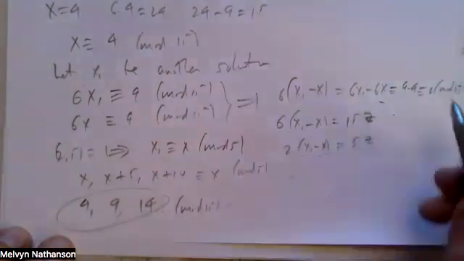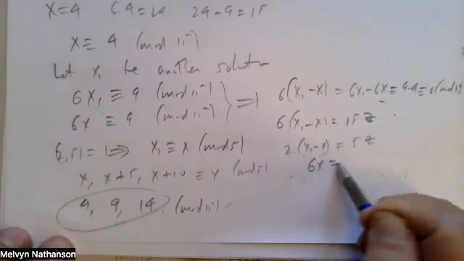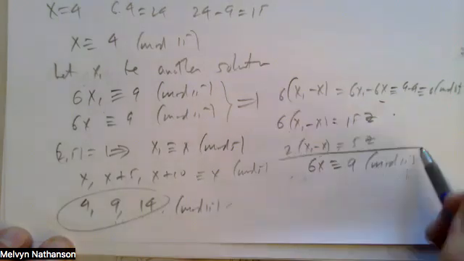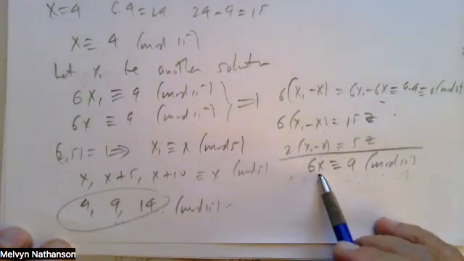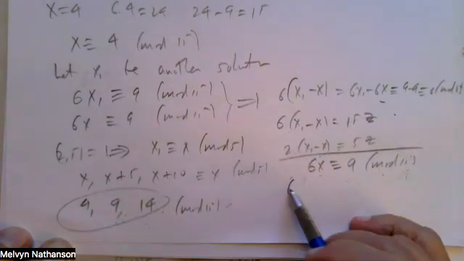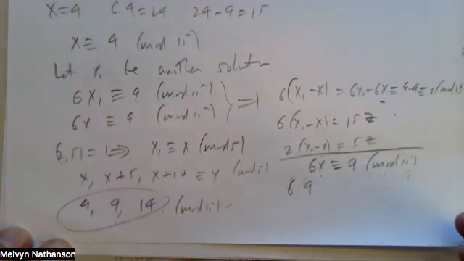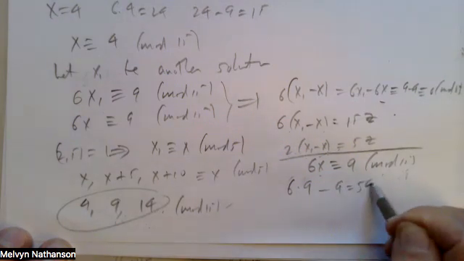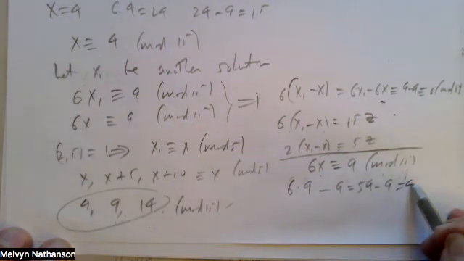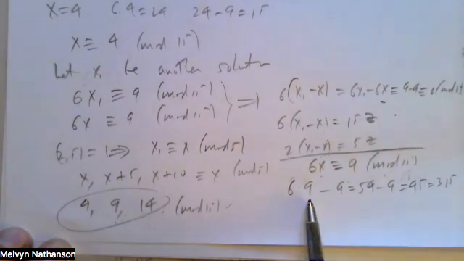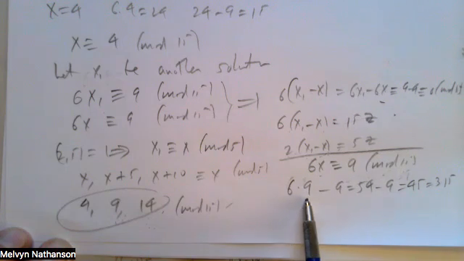The congruence was 6x congruent to 9 mod 15. We already saw x equal 4 as a solution. What about x equal 9? 6 times 9 minus 9 is 54 minus 9 is 45, is 3 times 15. So 9 is a solution.